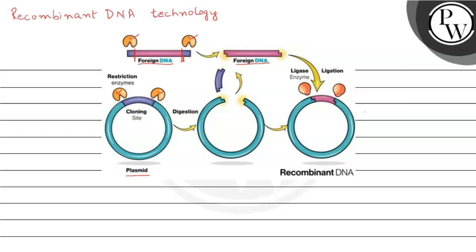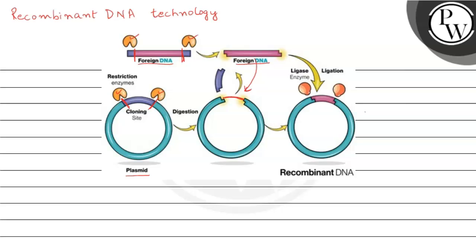In case of the plasmid, which is the vector, we can again use the same restriction enzyme and cleave off a particular sequence of DNA which is recognized by this restriction enzyme. So this restriction enzyme will cleave off this particular part of DNA and we'll have a plasmid, and this region will be empty for the insertion of the foreign DNA.